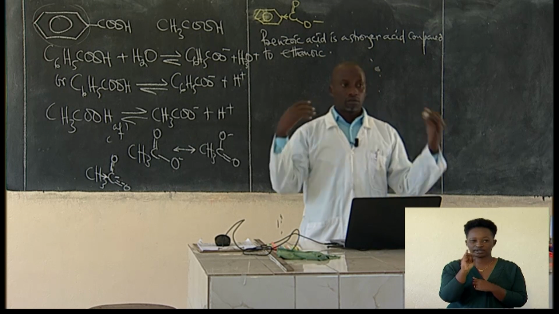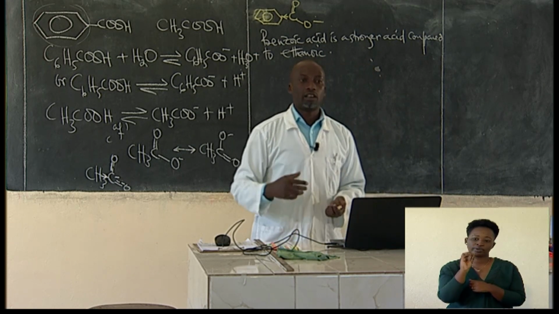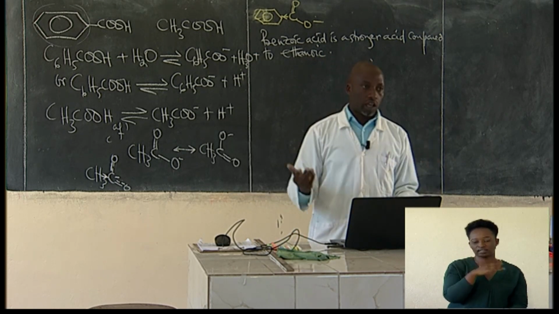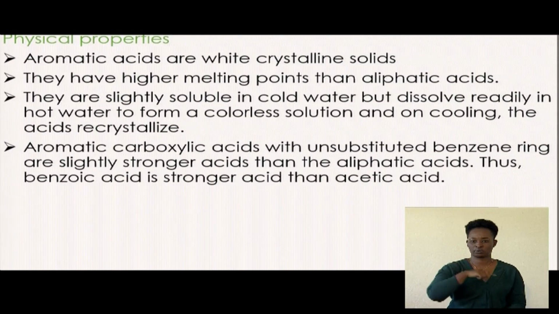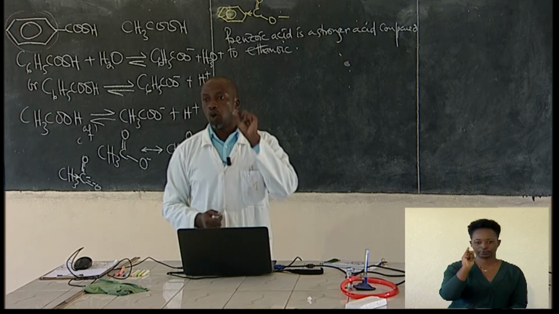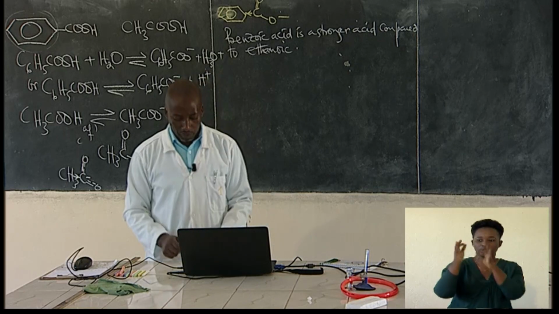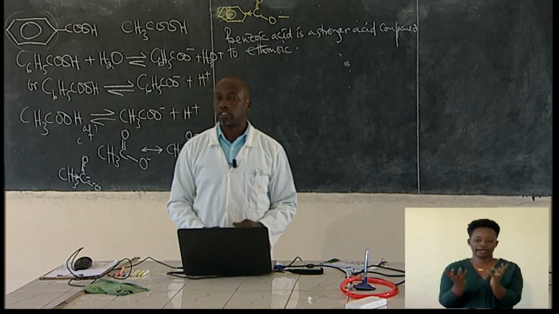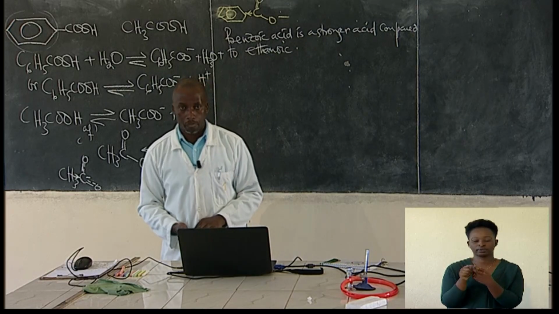So as we said earlier, when we talk about acidity, it will depend, because we said carboxylic acids with an unsubstituted benzene ring are slightly stronger acids than aliphatic acids, as I've mentioned before. But it also depends on the substituent that may be attached on that group.